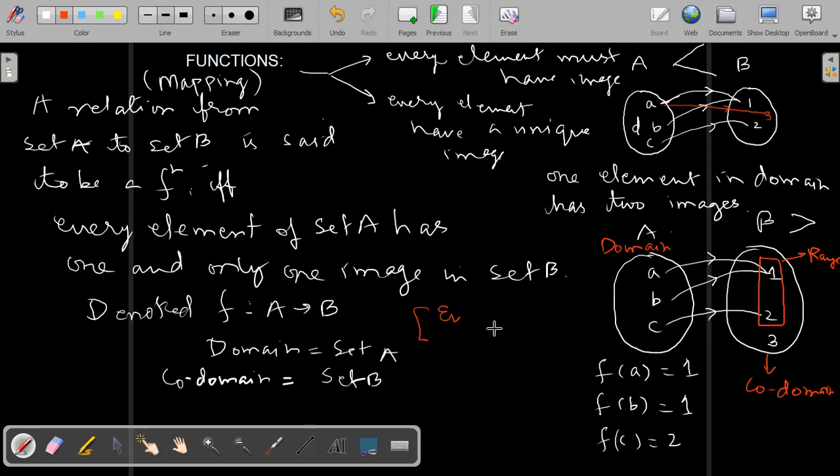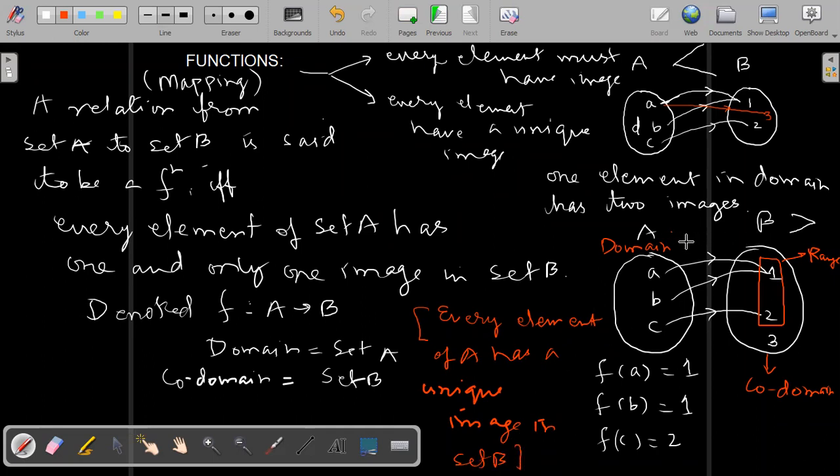Then a relation from A to B is said to be a function if every element of A has a unique image in set B.